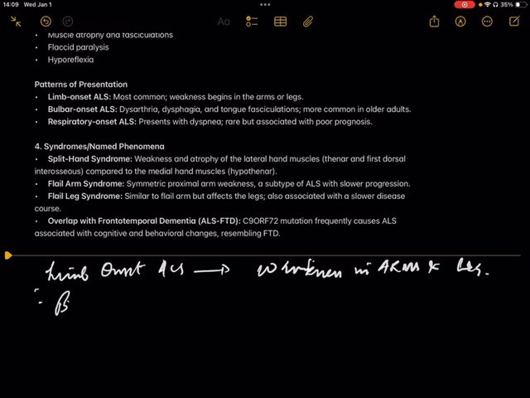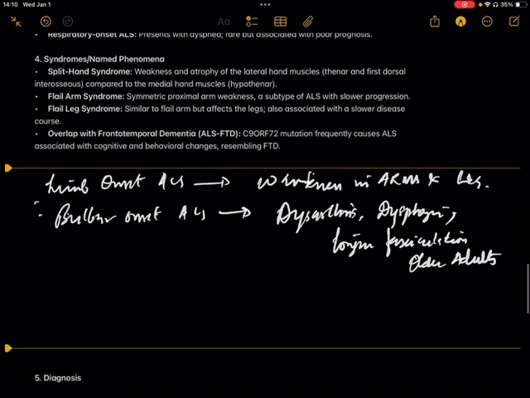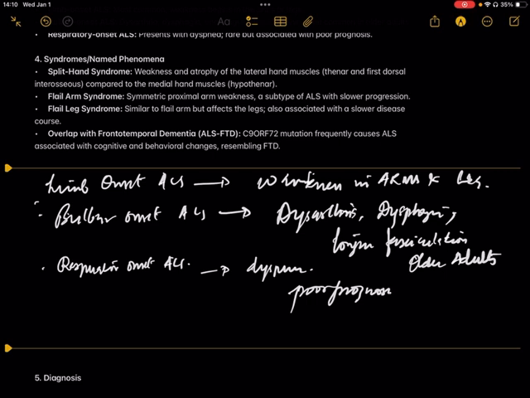The second one is bulbar onset ALS, which shows features of dysarthria, dysphagia, and tongue fasciculation, more common in older adults. Then there is respiratory onset ALS, which presents with dyspnea and is associated with poor prognosis.